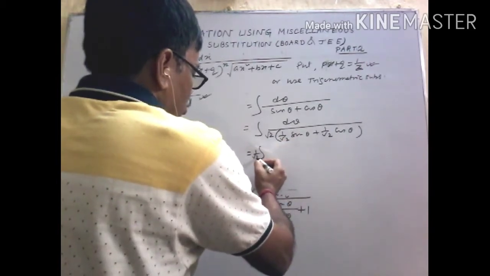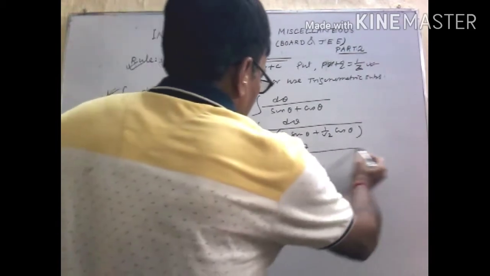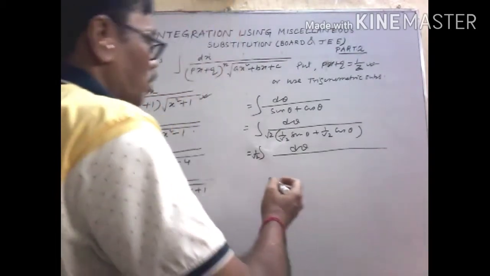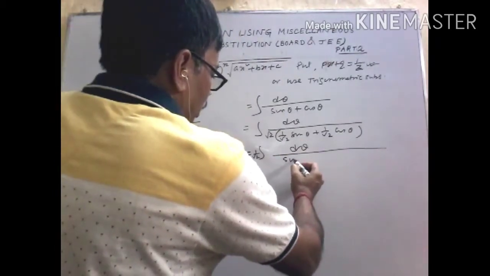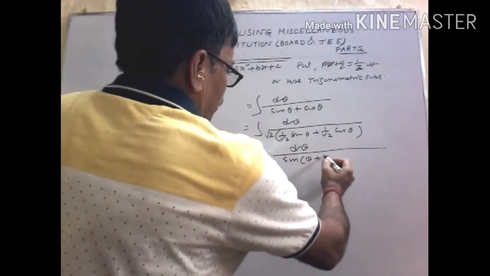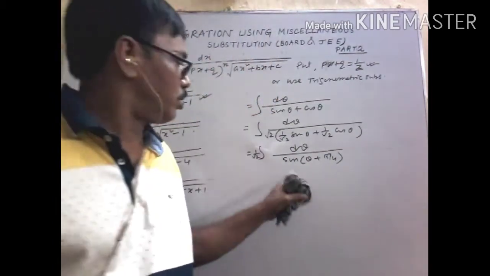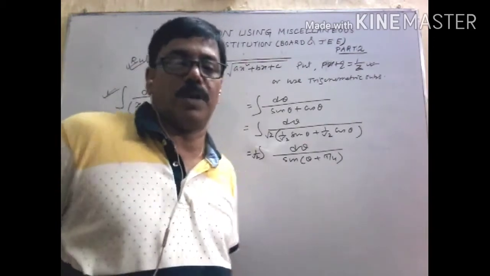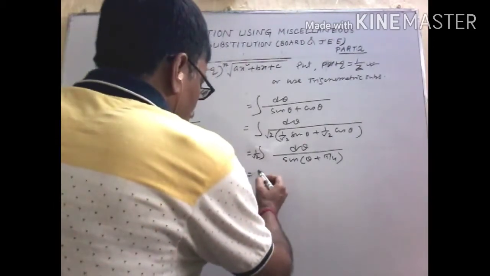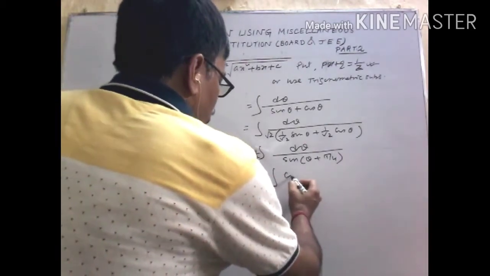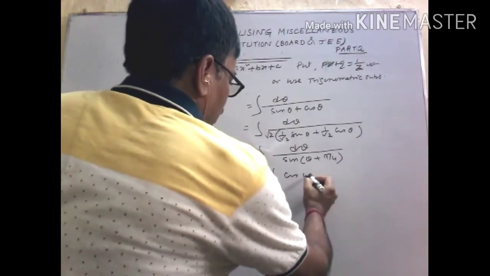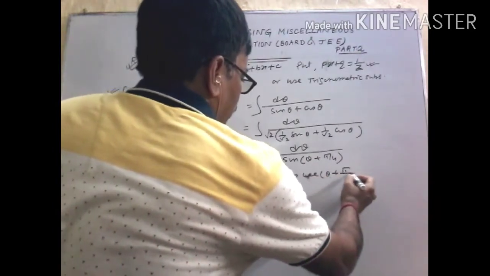So look, 1 by root 2 outside, and we are getting a well known formula. What is the formula? We can write it as sin theta plus pi by 4. You can also express it in terms of cos theta minus pi by 4. So 1 by root 2, look, cosec theta plus pi by 4.